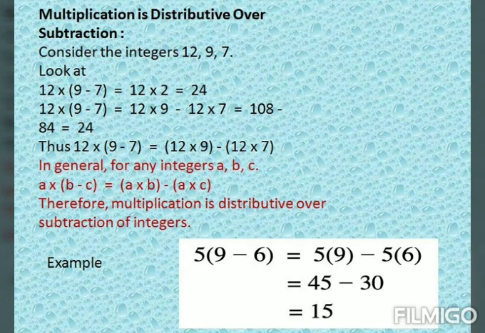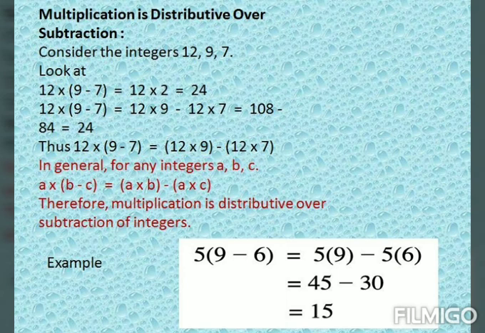Here also we can conclude that for any integers a, b and c, a into b minus c equals a into b minus a into c. Therefore, multiplication is distributive over subtraction of integers. Here is another example: 5 into 9 minus 6. If you check it, you will get the same answer.